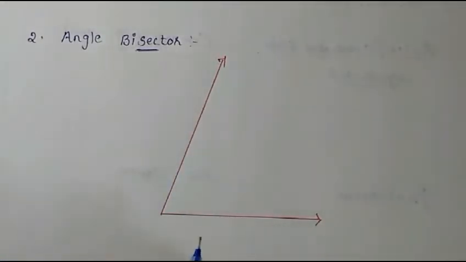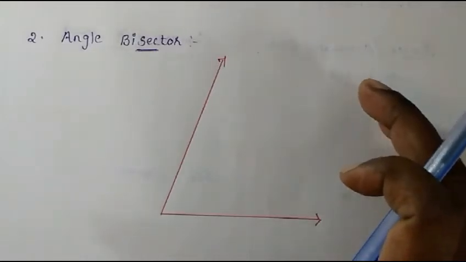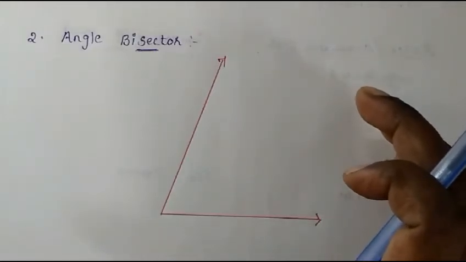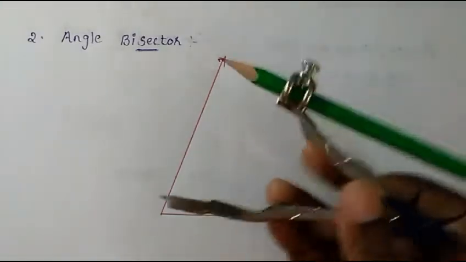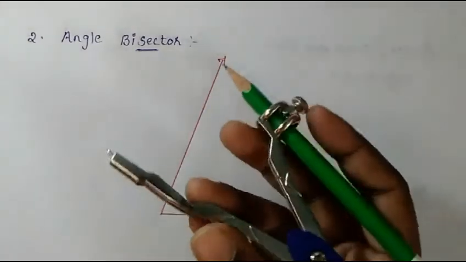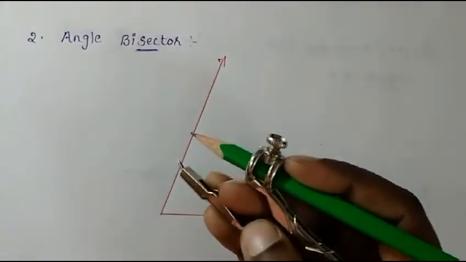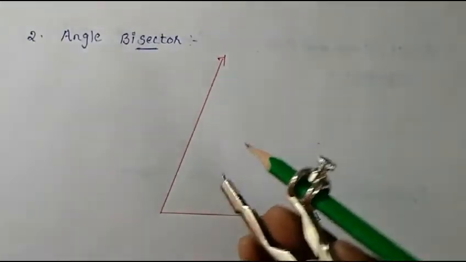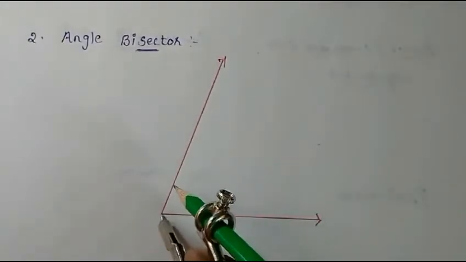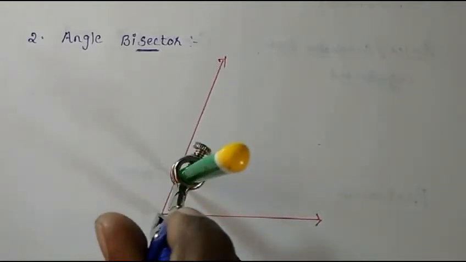So how to do this angle bisector, or how to divide any angle given to us equally in half? For that you need a compass, and with a pencil you take any measure. Okay, randomly just take any measurement. Keep that measure at the vertex point of the angle, and draw the angle first.